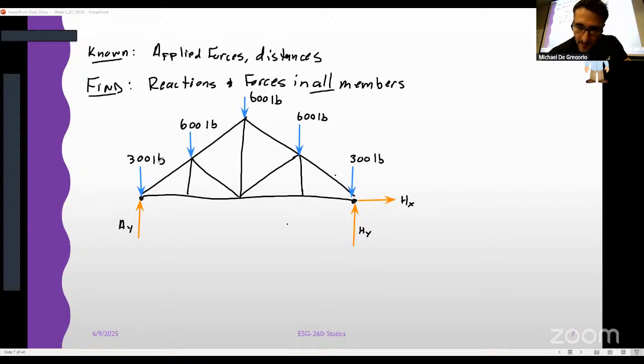Okay. Couple things here. We can label all of our joints. And there's some dimensions. All of these are 8 feet across, right?